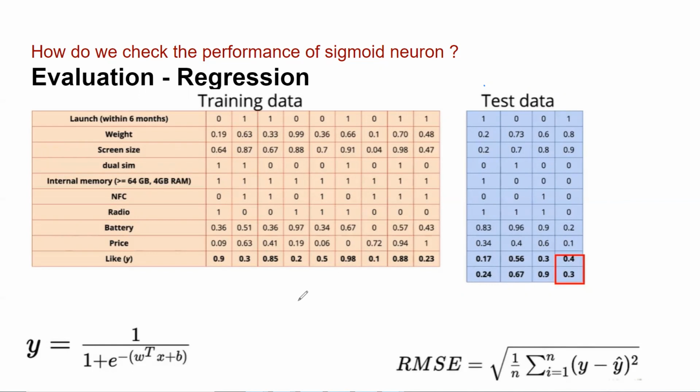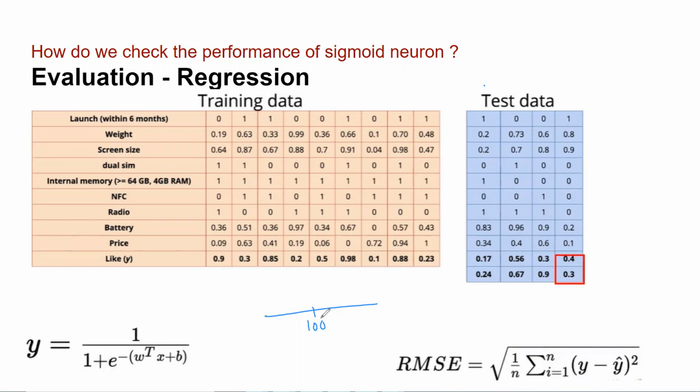Yeah. So basically, what I understood from this table is that if the sigmoid function output is greater than or equal to 0.5, it outputs 1, or less than 0.5, it will give you 0.